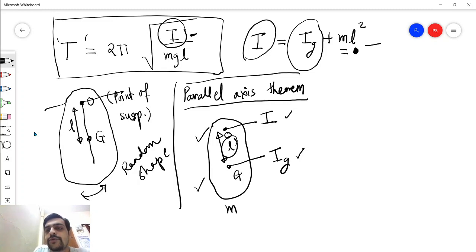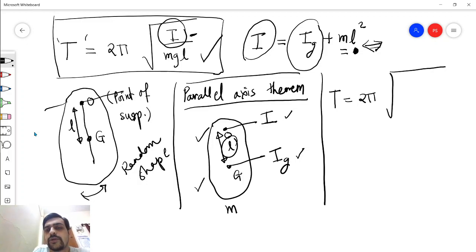So we can substitute this equation in this formula to get T equal to 2π under root (Ig plus ml squared) upon mgl.